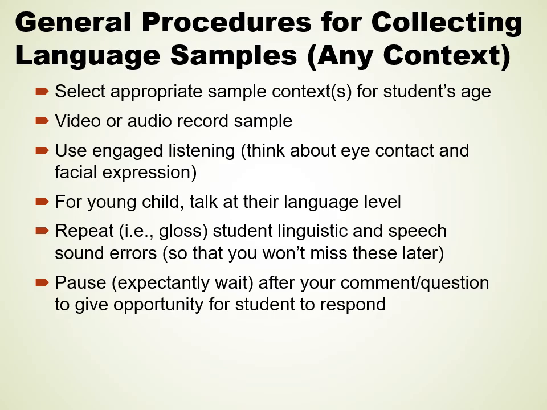Sometimes this is called expectantly waiting or expectant waiting, and you want to pause after your comment or question or gloss to give the student an opportunity to respond. We know that students with language impairment are less responsive than other students, so we need to give them that time to see if they're going to respond and what that response looks like.